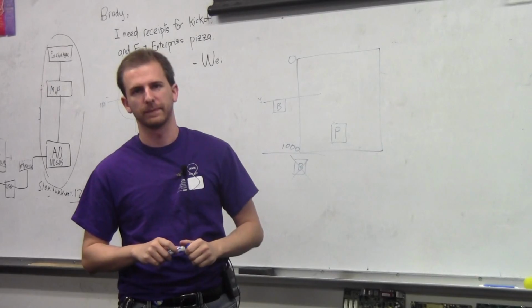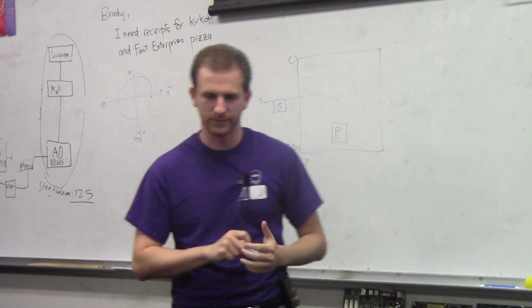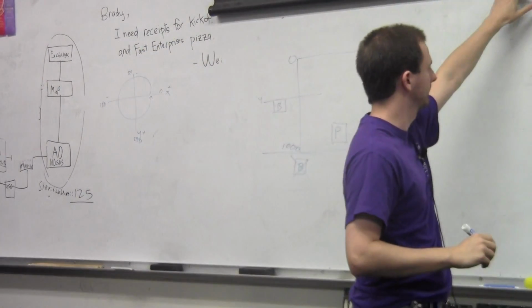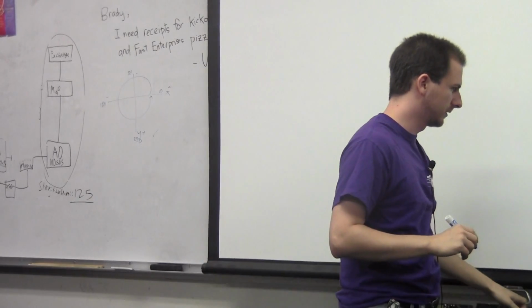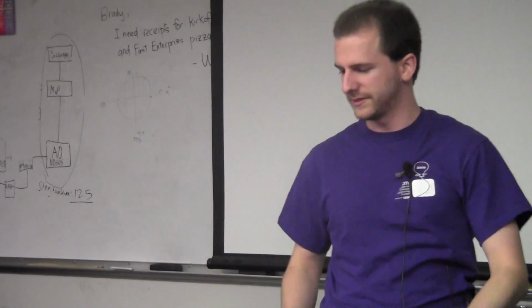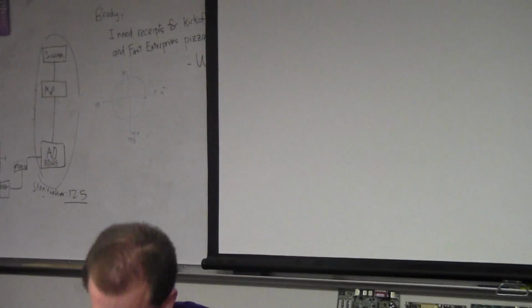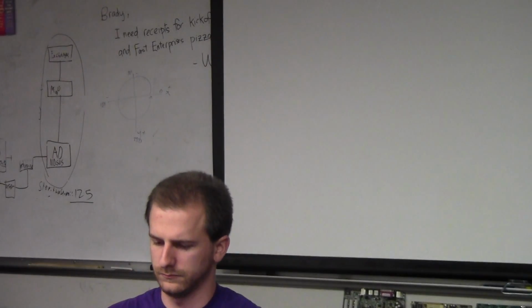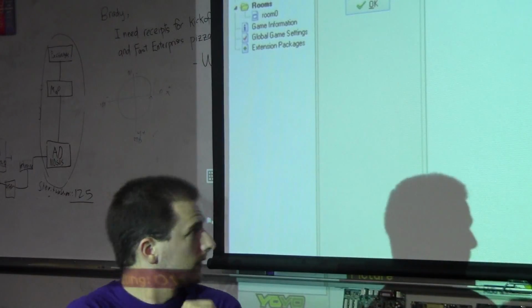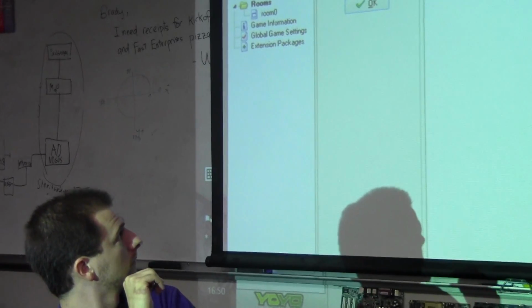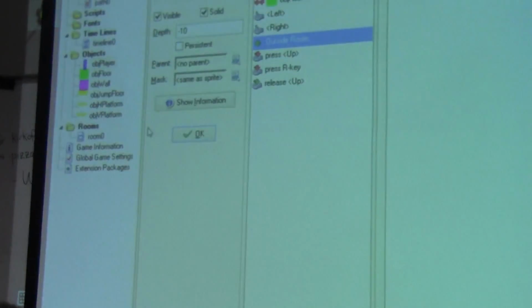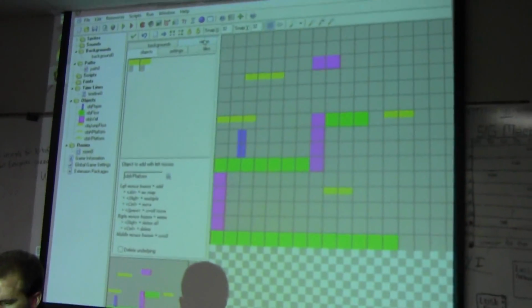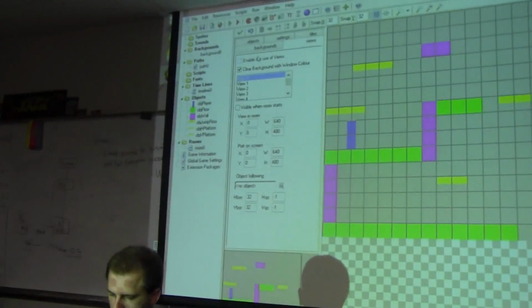So you said there's something called views? Yes, views. Let me get this back down. So views are basically a piece of a room. Interesting. There you go. Okay. All right. So in rooms there are views, and this game isn't using a view.